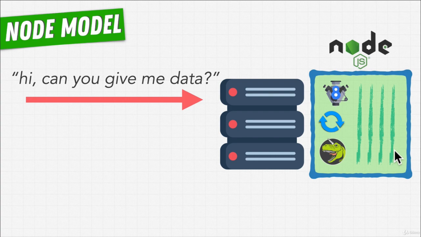Node makes use of them by passing off input and output tasks that take a long time to complete. It tries to pass off these long-running tasks to your thread pool and to the operating system so that your JavaScript code and the event loop don't block.